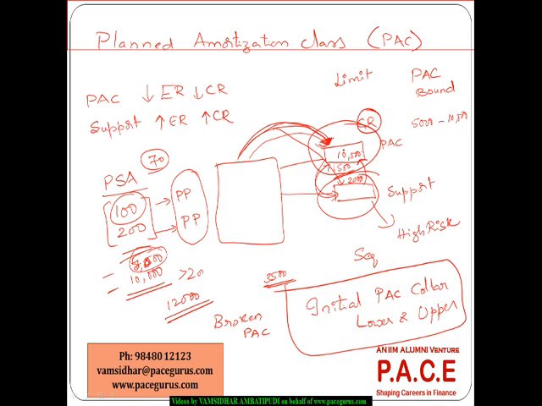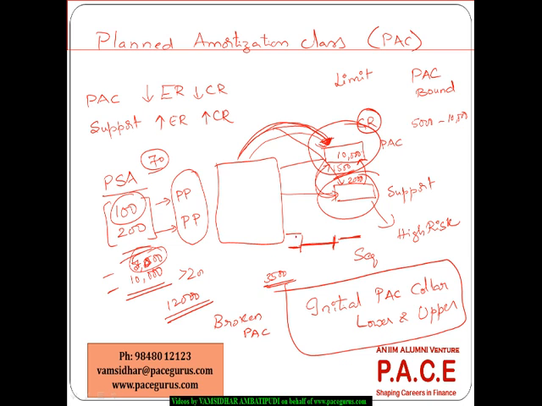For the PAC tranche, to a large extent, the average life stays within a particular period. But if the PSA is very small, the extension risk is much higher for the support tranche.